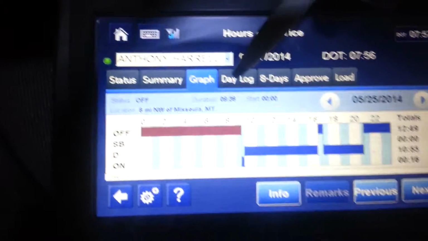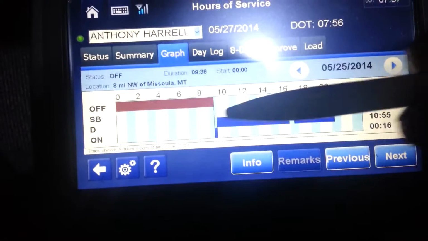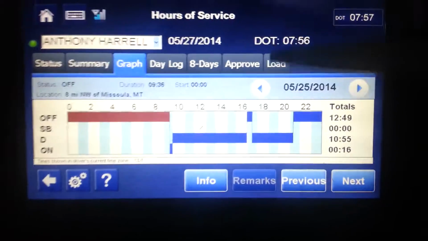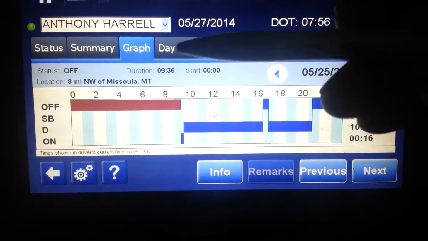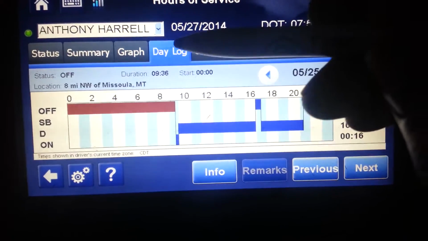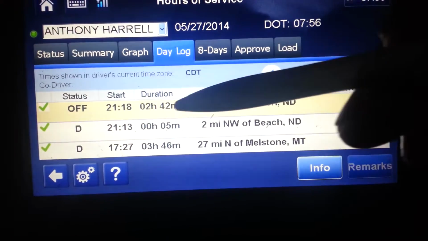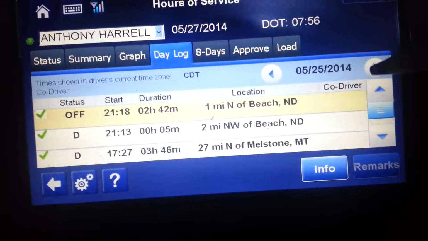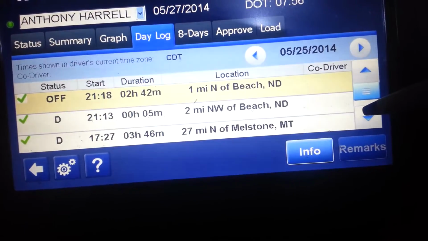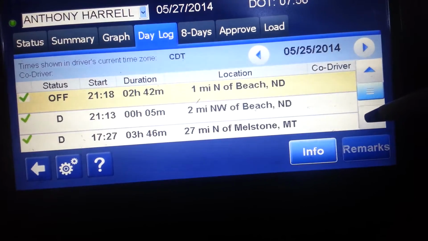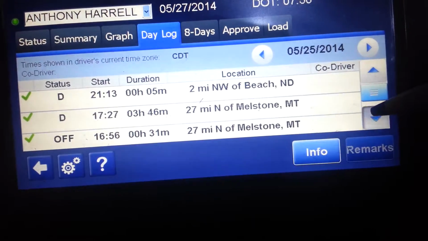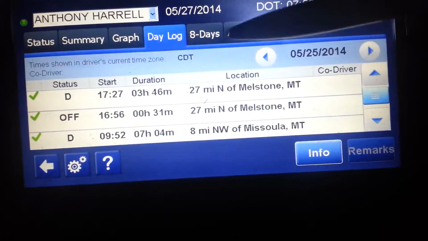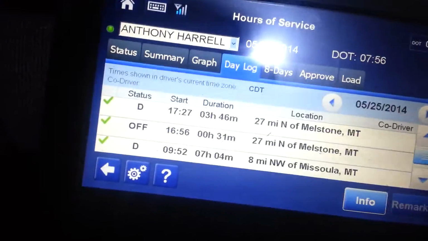I showed you the graph, which is, this is what your logbook would look like if you did it in pen. In a paper logbook. Daily log. Shows you the location. Current time zone and where I was.